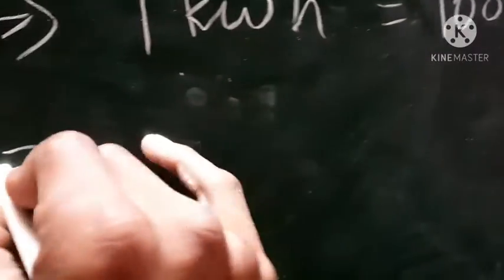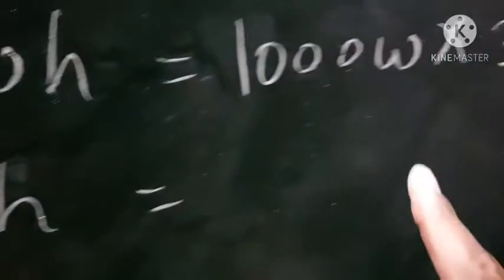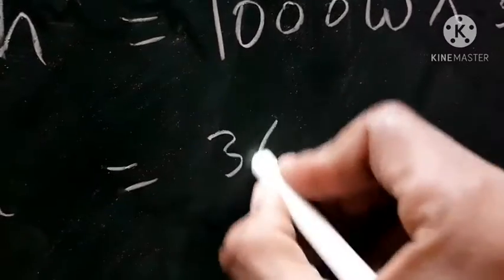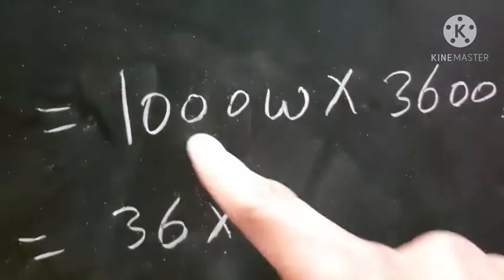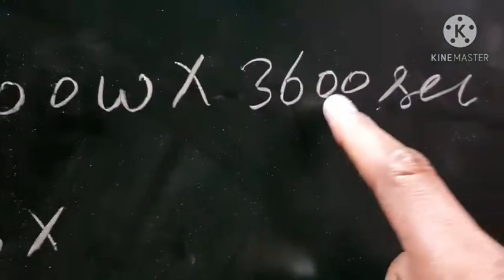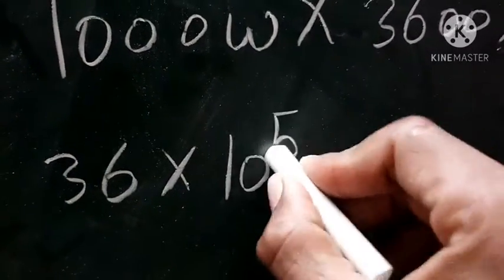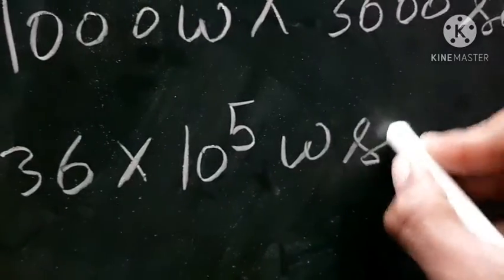So 1 kilowatt hour is equal to 1000 into 3600, that can be written as 36 into 10 raised to power 3 plus 2, that is 10 to the power 5, watt second.